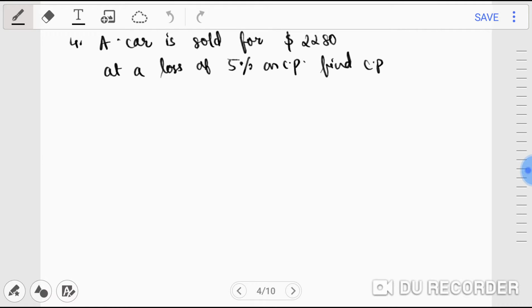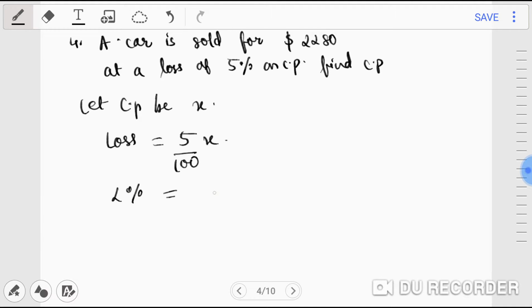Problem number 4 says a car is sold for $2280 at a loss of 5% on CP. So CP we do not know. Let CP be x. If CP is x, it says that the loss is 5% on x. So you have loss and you have CP. We have a loss percent formula, that is loss upon CP into 100.